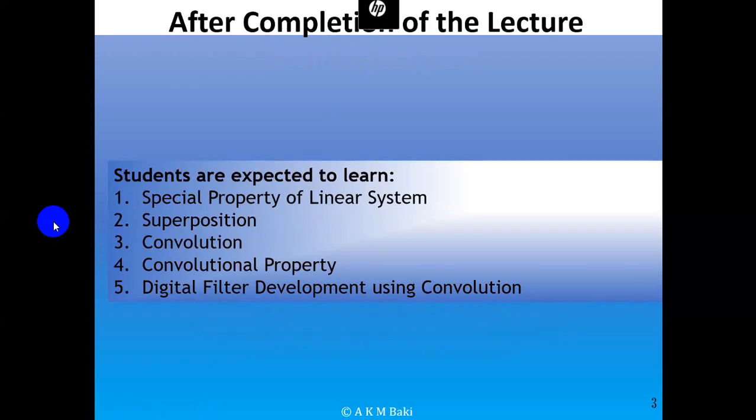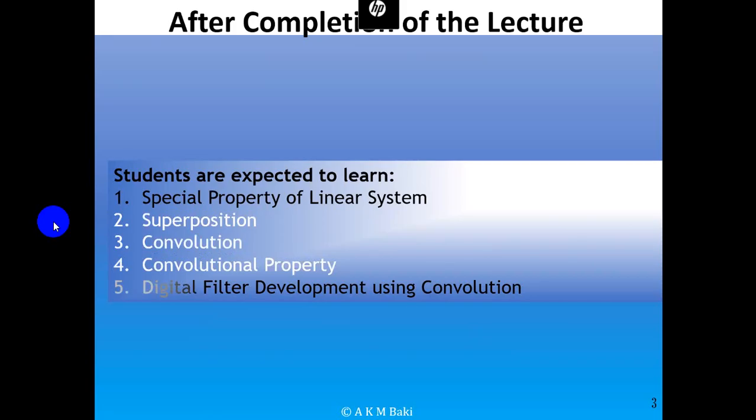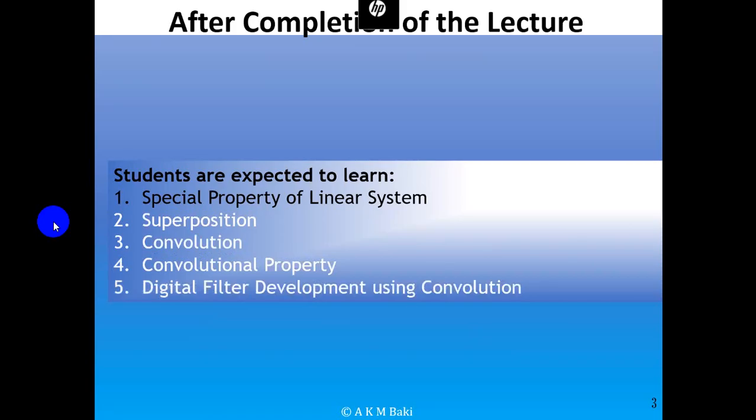All right, let's see these topics step by step. Superposition, convolution property, and the fifth one is the development of digital filter using convolution property.